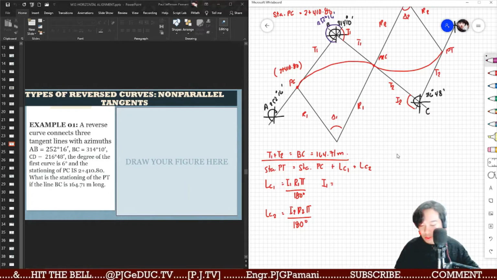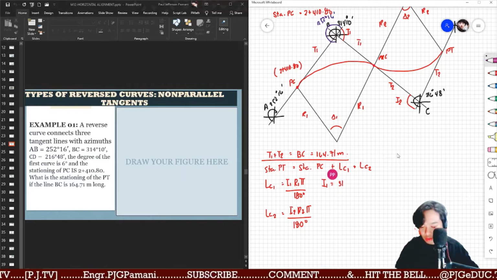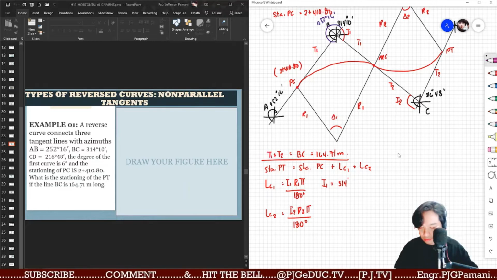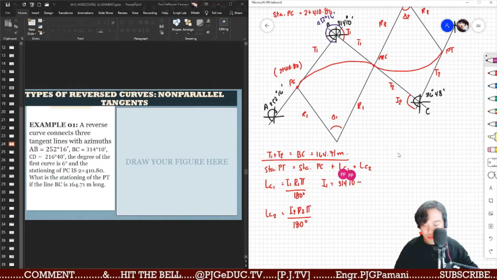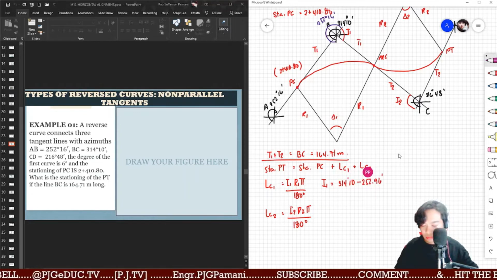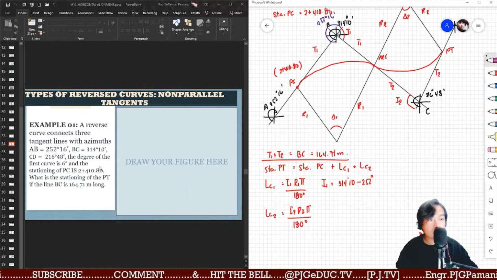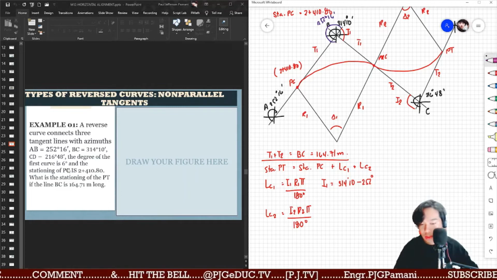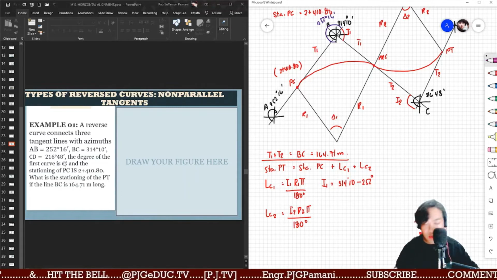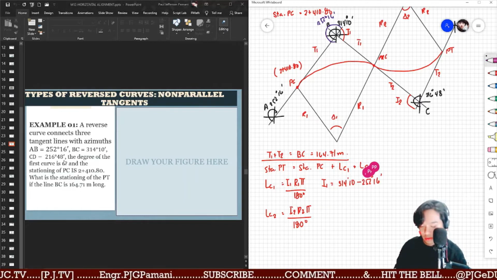I1 is now 314 degrees 10 minutes minus 252 degrees, that is supposed to be 16 minutes.